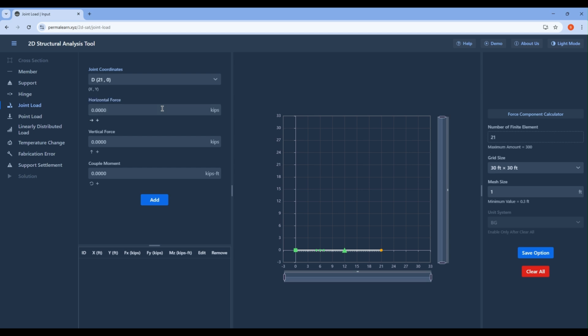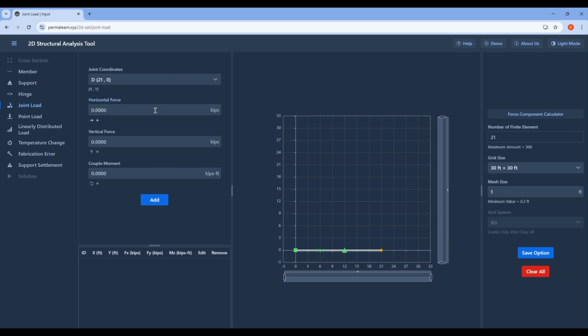And if I want it to go upward, I need to put a positive number on the vertical force, and if I want it to go downward, I need to put a negative number. It's also the same for the couple moment. If I want to add a counterclockwise moment, I need to put a positive number, and if I want it clockwise, I need to put a negative number.